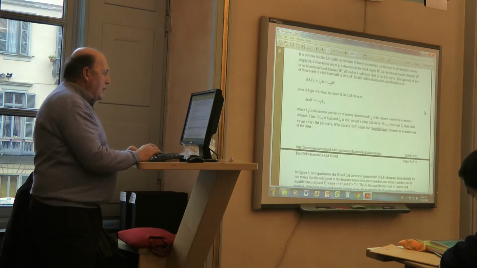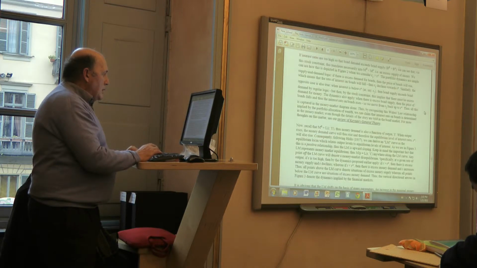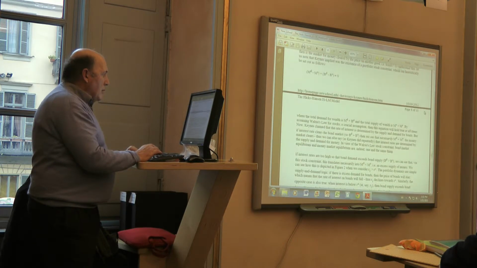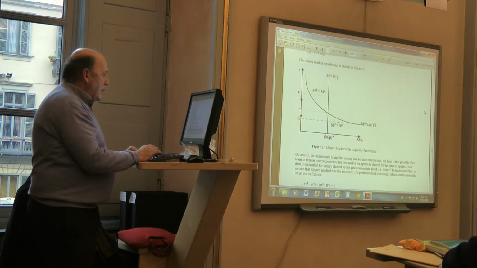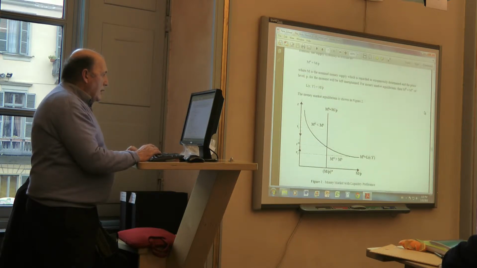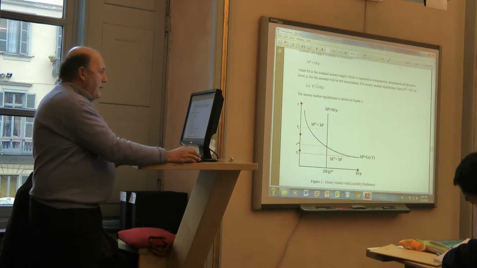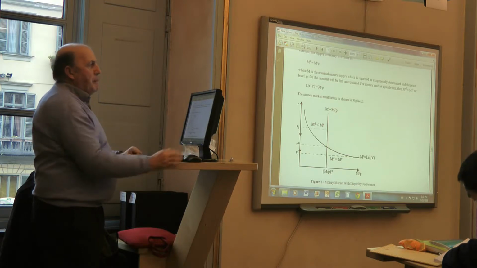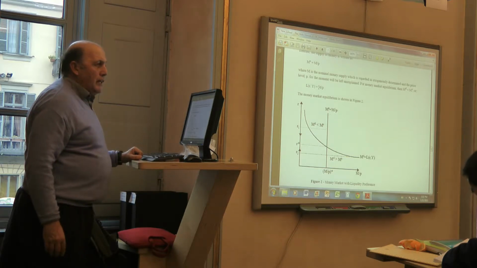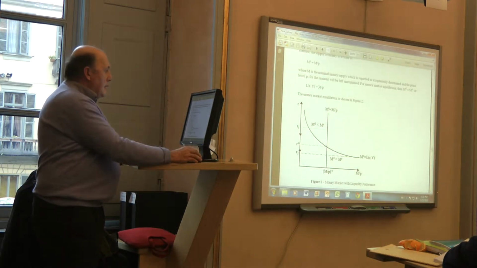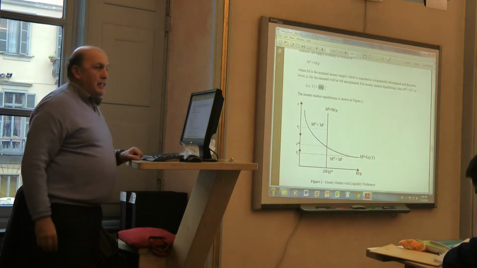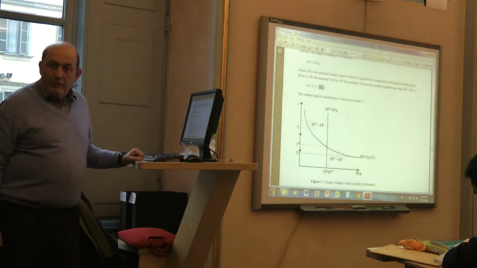The LM curve is derived from the demand for money function. The liquidity preference, L, a function of the rate of interest and income, is equal to the real value of money, money divided by prices. M is the money stock. Money divided by prices is the real money, right?